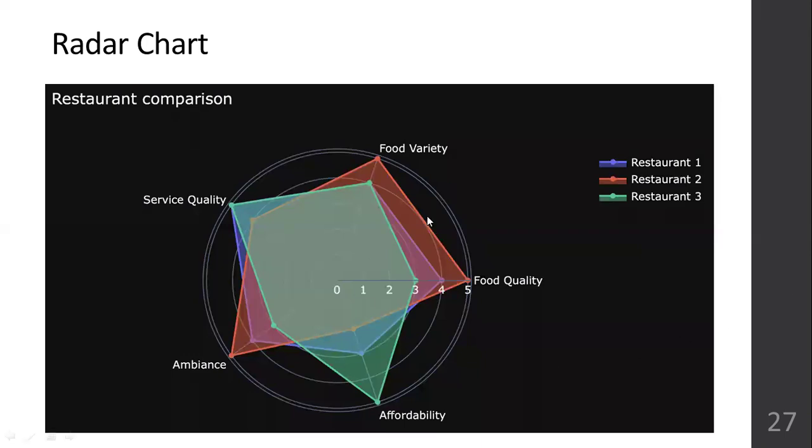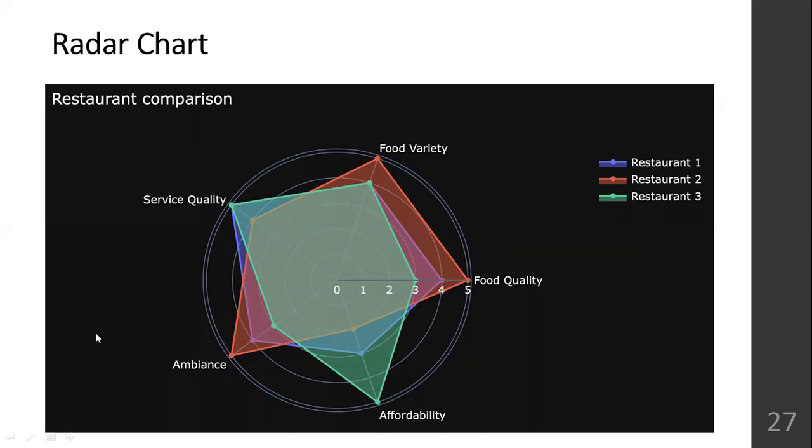For example, you can see here three restaurants being compared: Restaurant 1, 2, and 3. The quality of these three restaurants is compared on the same indices: variety, food quality, ambience, affordability.